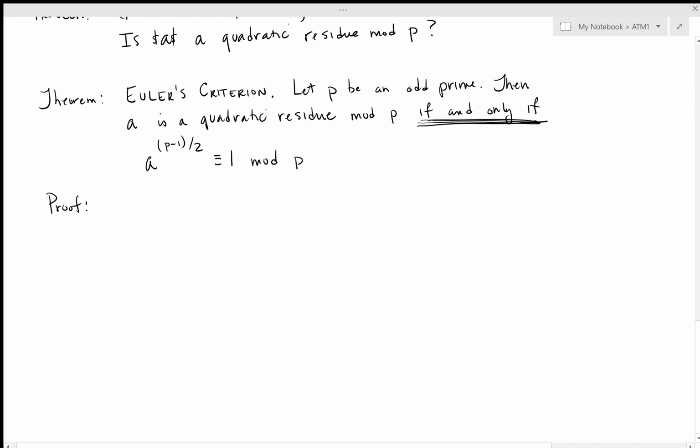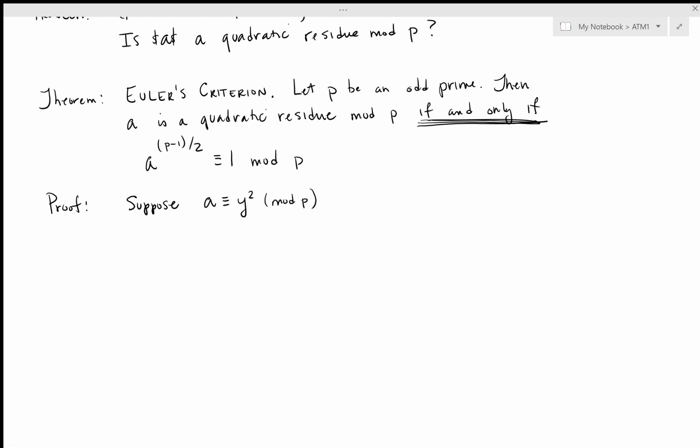Okay, so we're going to go in the forward direction first. I am going to suppose A is congruent to y squared mod P, where y is in Z_P.